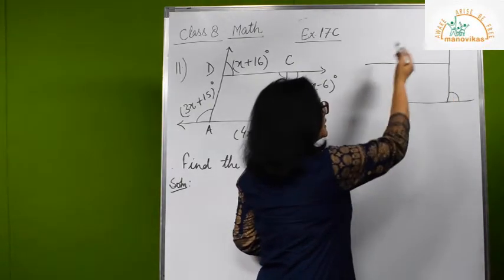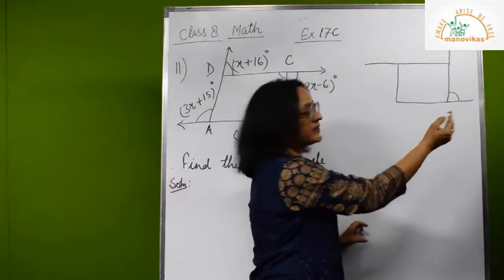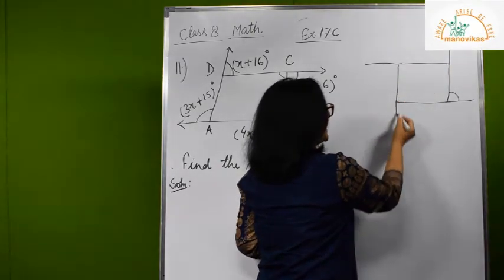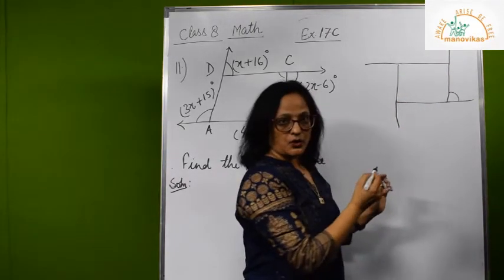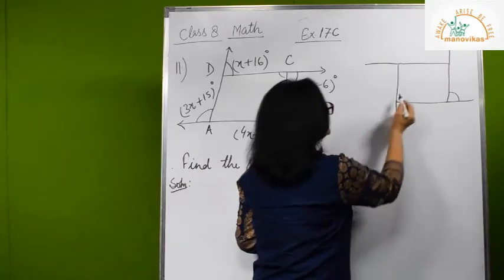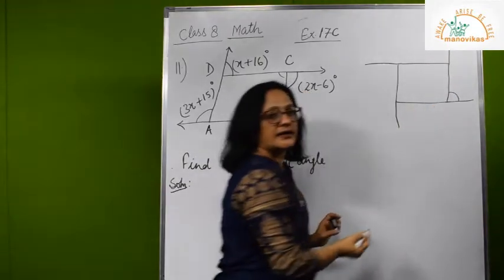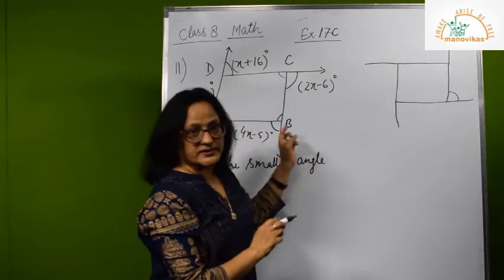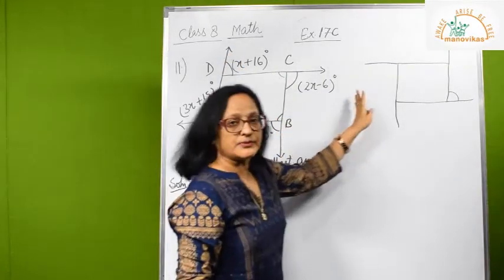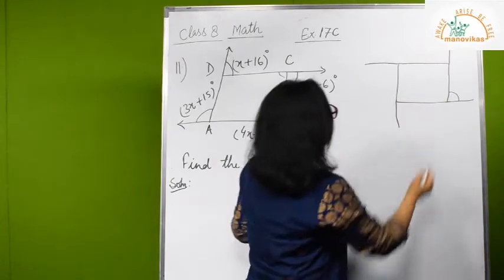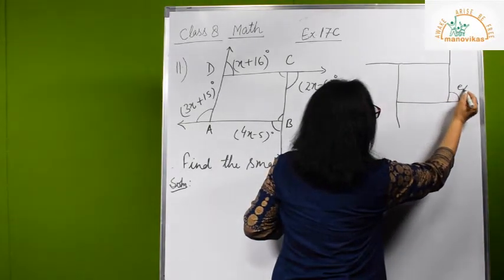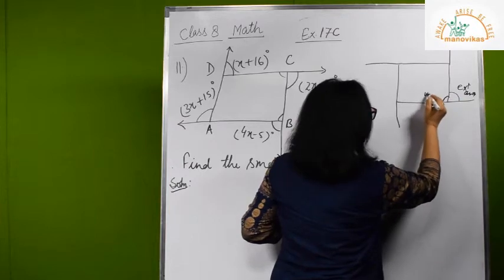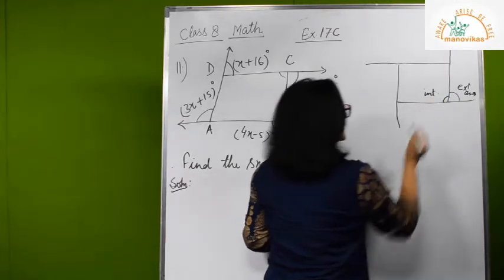Like if you are going anti-clockwise, then all the sides you will extend anti-clockwise like this. If you are going clockwise, then all the sides will be extended clockwise like here. But the concept will remain the same in both cases. So this is an exterior angle. And this is an interior angle of the quadrilateral.